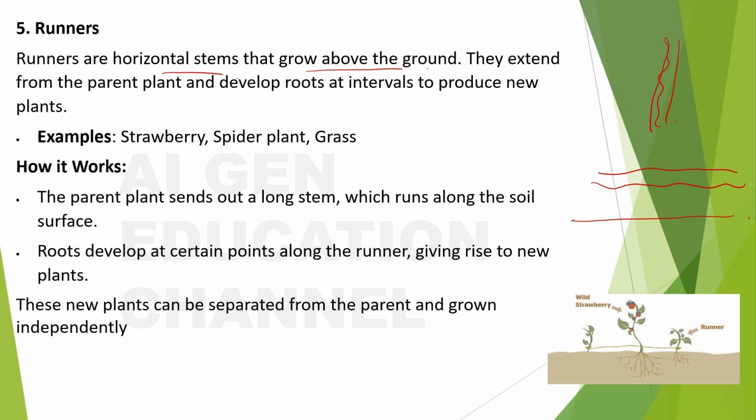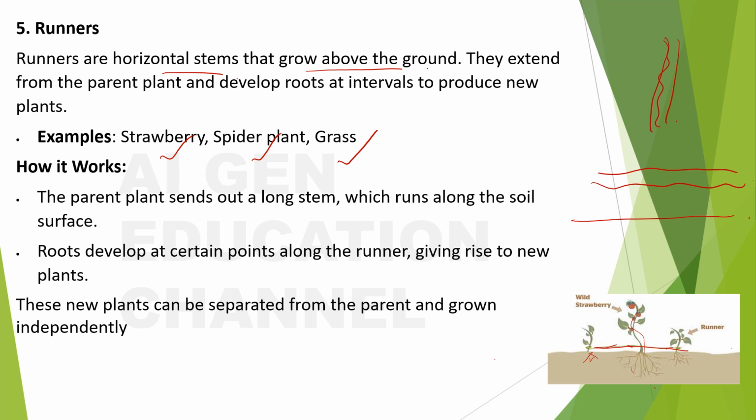So see here, there is a plant, and here again another runner has come, and this is the horizontal stem, right? Everywhere throughout the stem, at regular intervals, you can find the plant growing. Strawberry, spider plant, and grass are the examples of it.